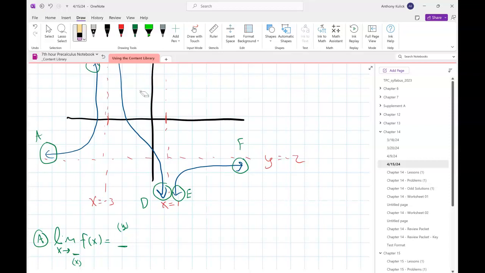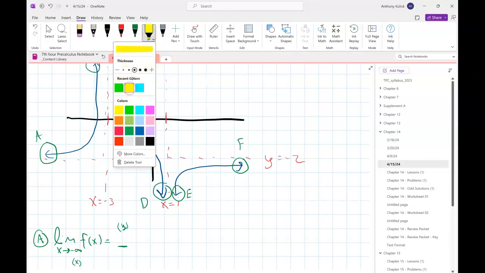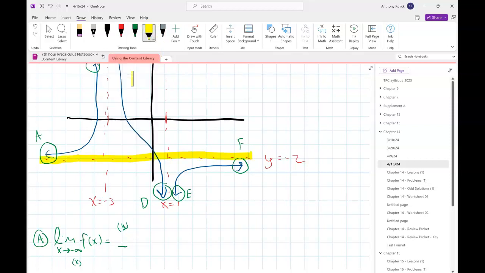So that's what I'm going to put down at the bottom. And what y value is that arrow approaching, or pointing at? At -2, because the graph is horizontal there at -2. You guys see that? The arrow's flat, horizontal.